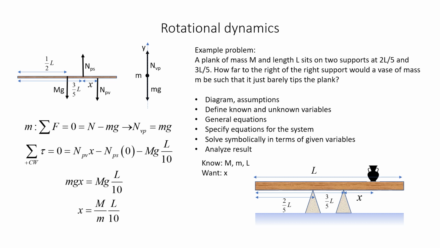This makes sense. The larger mass would give a larger x value for the position of the vase. The larger the mass of the plank, the farther over to the right the vase would have to be. A larger mass for the vase would give a smaller position, since it could tip it closer to the fulcrum point.